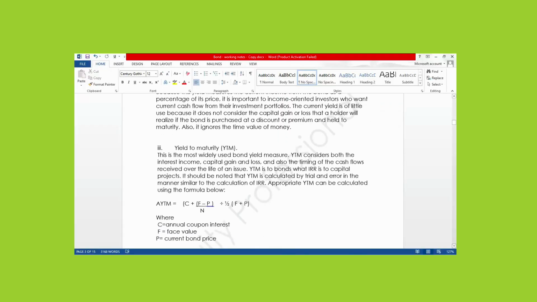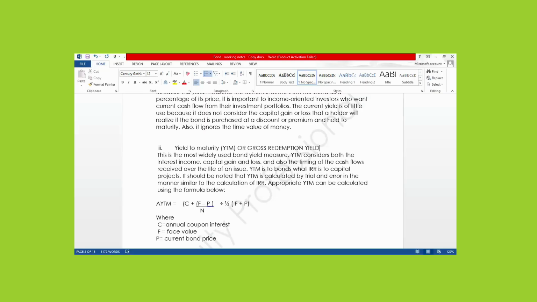Number 3, yield to maturity, also known as gross redemption yield.